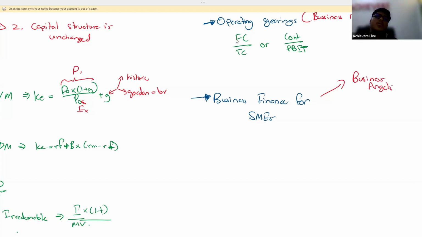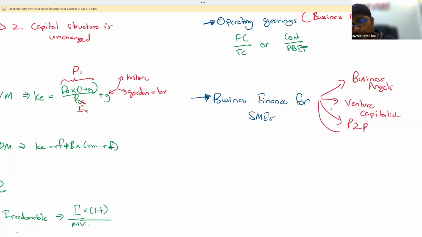Business angels are wealthy individuals who will provide capital. Then you have venture capitalists. What are the others? Correct. Peer-to-peer funding. Good. Crowdfunding. Good. Anything else? Supply chain financing.